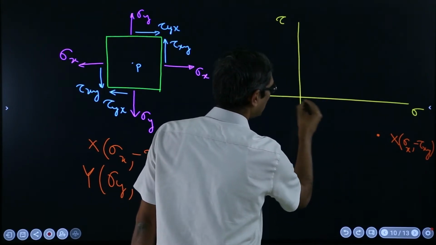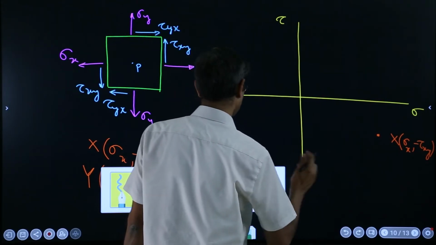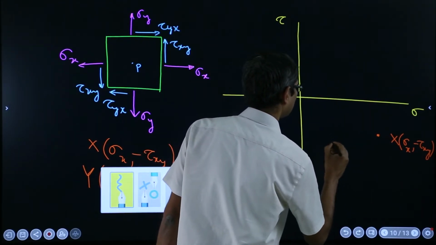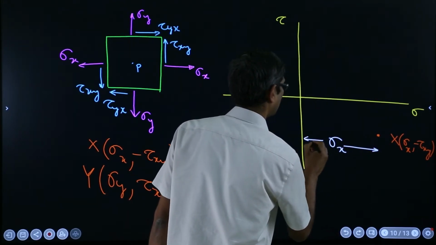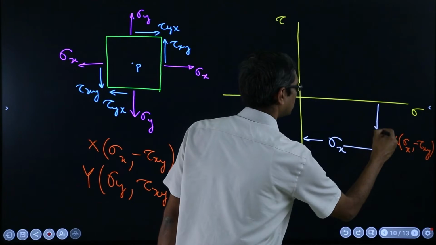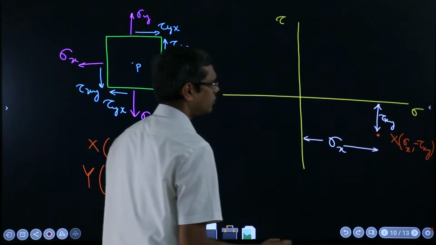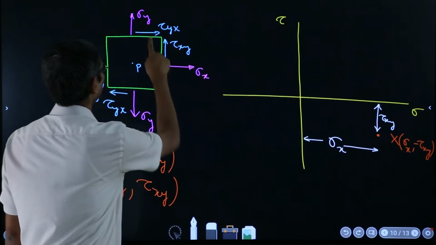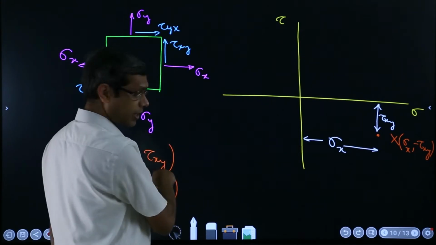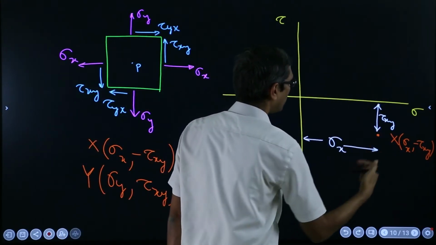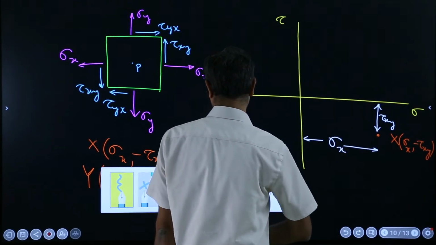The sigmas are measured on this axis. This distance is sigma x and this distance is tau xy, magnitude wise. Similarly, because the values are the same, the tau xy will remain the same magnitude for the point y. It will just be above the x axis, at the same height, somewhere here.